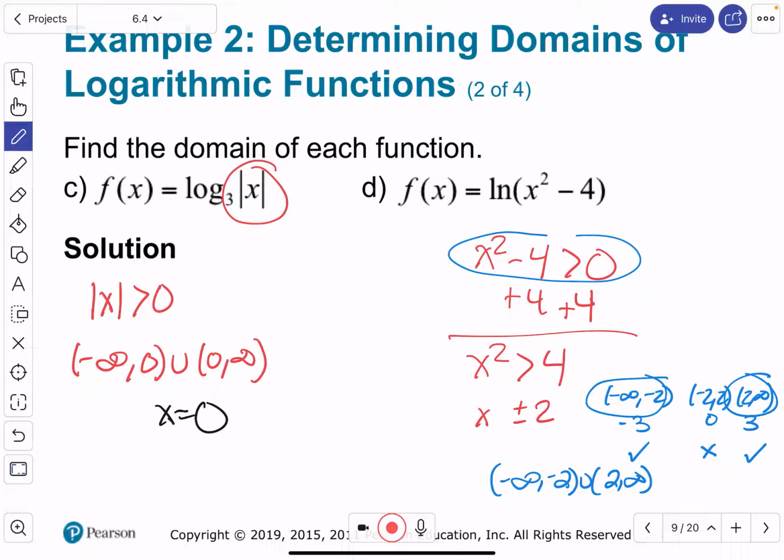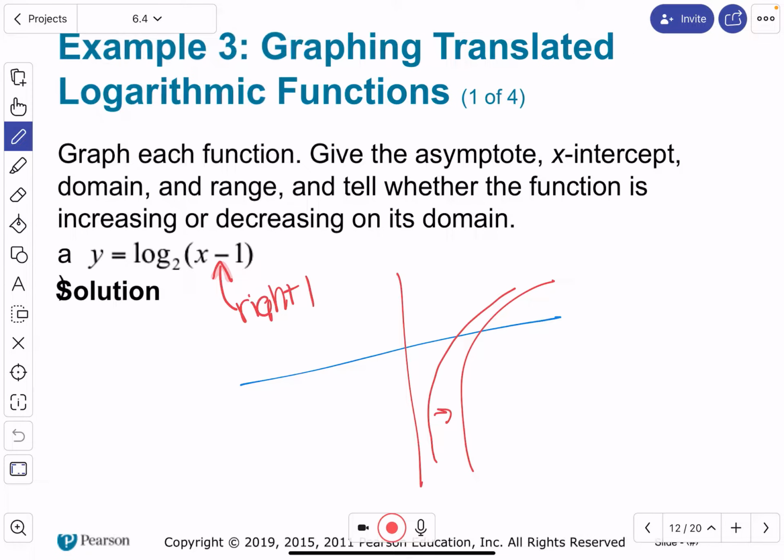For this one, there's 2 things it can't equal, so our asymptotes are going to be -2 and +2. Same exact process we've been doing. Instead of being the bottom of the fraction, it's going to be what's inside. Your x-intercept is where the equation equals 0, so you set it equal to 0 and solve. Just because we're dealing with exponential and logarithmic functions, the process is exactly the same as it's been all along.